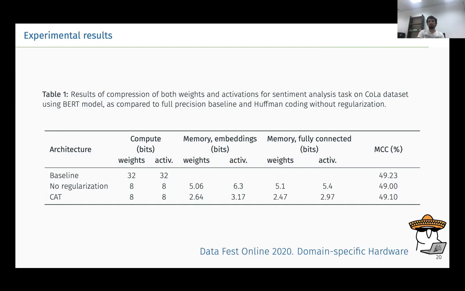And the improvement is almost twofold for both weights and activations of embeddings, and a bit worse for activations of the fully connected part of the BERT. But once again, the drop of the metrics is almost negligible.